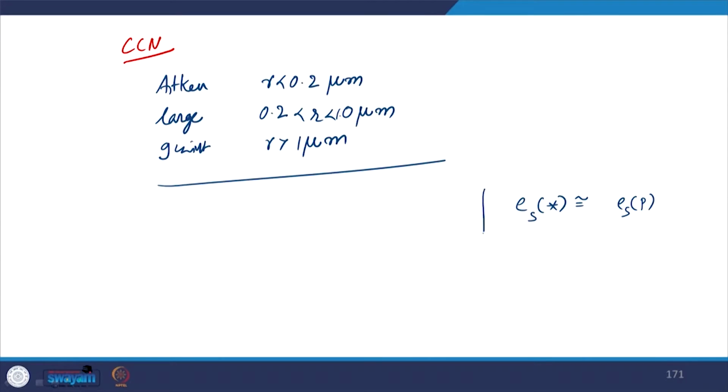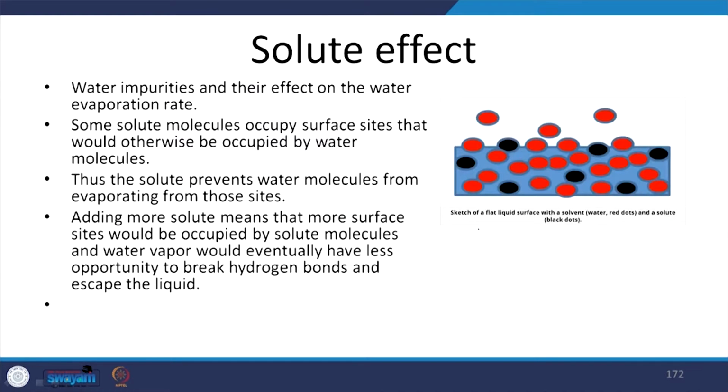What is the aspect that you want to understand when you add a solute? Water impurities and their effect on the water evaporation rate is the basic idea. When you add some impurities to the water, what will happen? The impurities that I am talking about are the cloud condensation nuclei. So, if we have cloud condensation nuclei and condensation happens on them, how will the vapor pressure change?